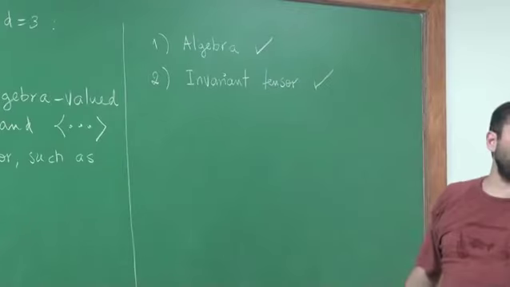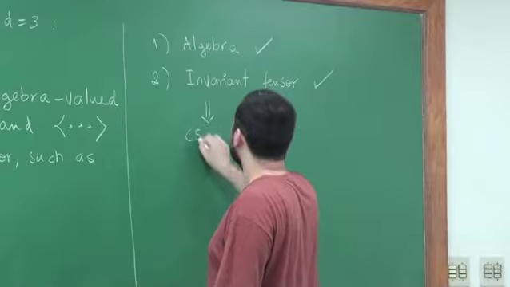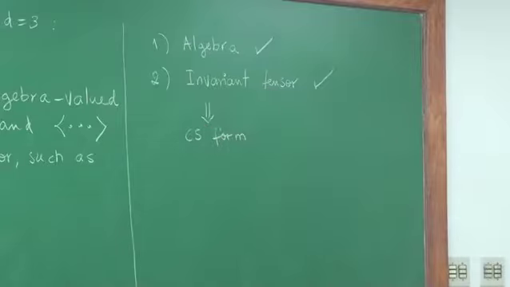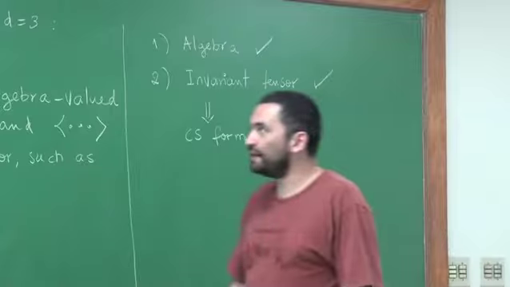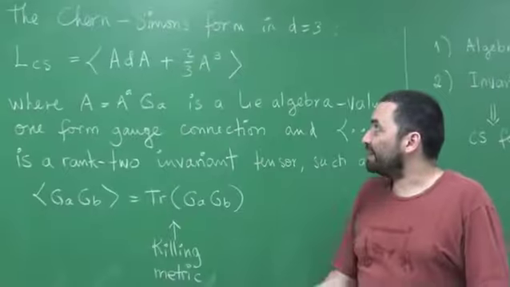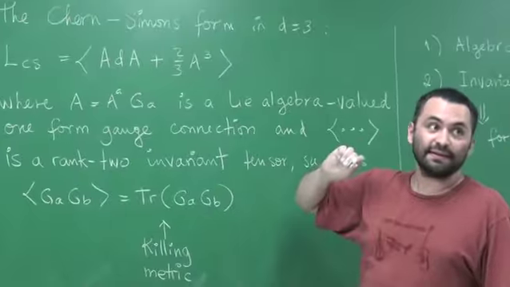If you have these 2 ingredients, then you have a Chern-Simons form. So you can write a Chern-Simons theory for any algebra, for SU(2), for U(1), for SO(N). And the recipe is always this.